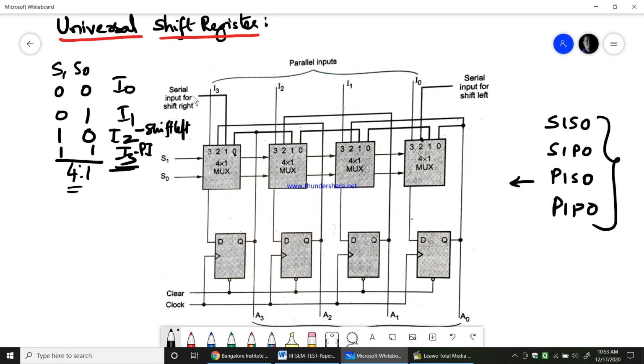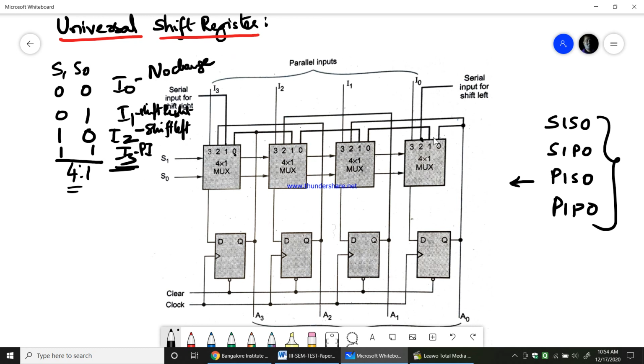Similarly, I am giving the serial input for shift right at I1. Therefore, when I say I1, it is shift right. Whereas I0 is what we are giving here, the output shorted to give you a serial output operation. So I0 would be serial out we can take, or we can also say it is a no change condition.